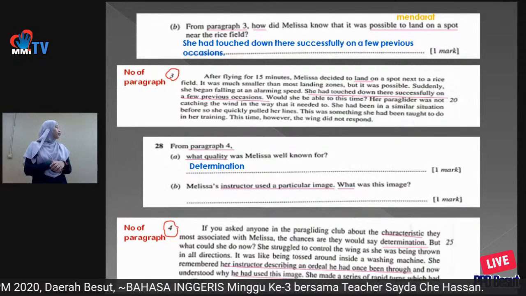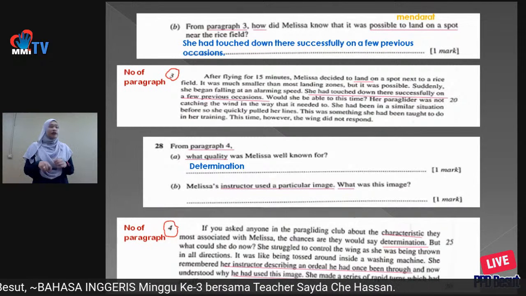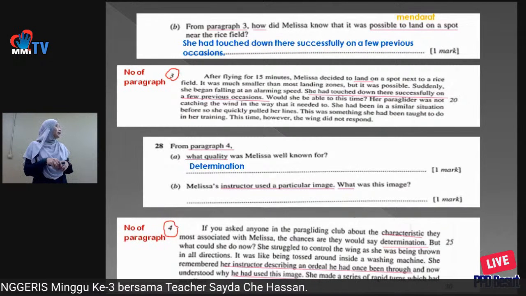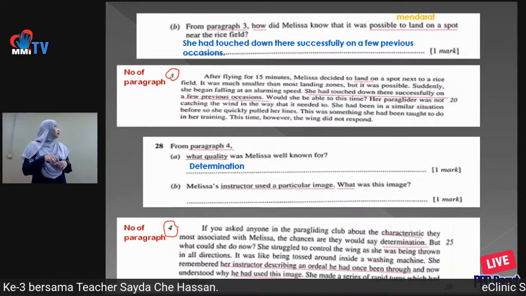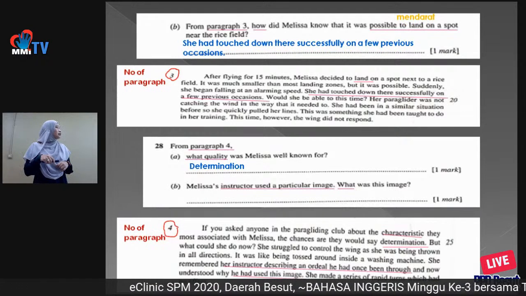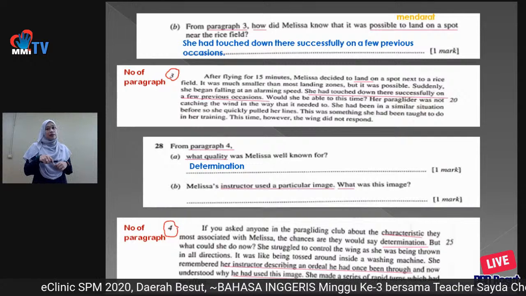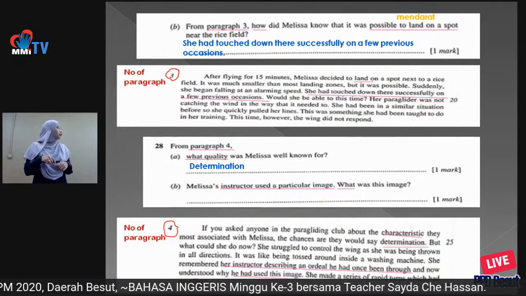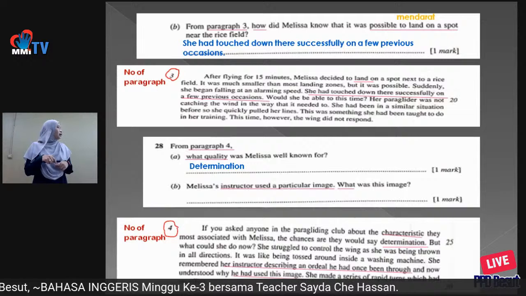And understood why he had used this image. Okay, what image? Okay, image ni lah yang jawapan ni nak. Okay, what did the image? Okay, ramai yang tulis ordeal. But then the ordeal is not the answer. But then if you make mistake here pun at least satu markah je kamu hilangkan, but then don't make mistake.